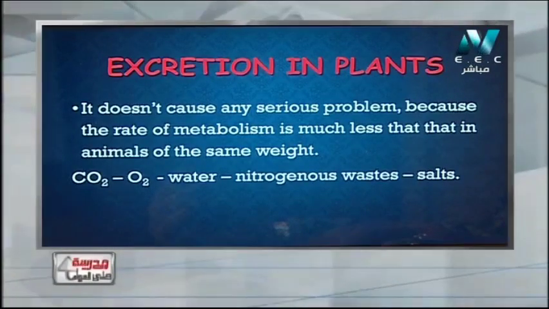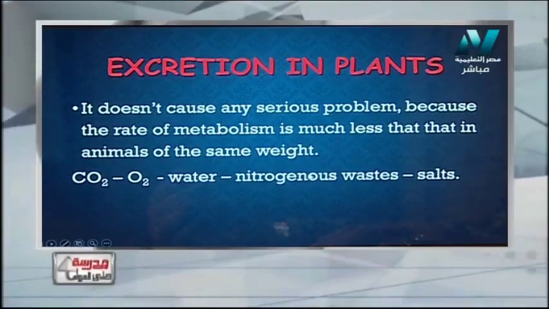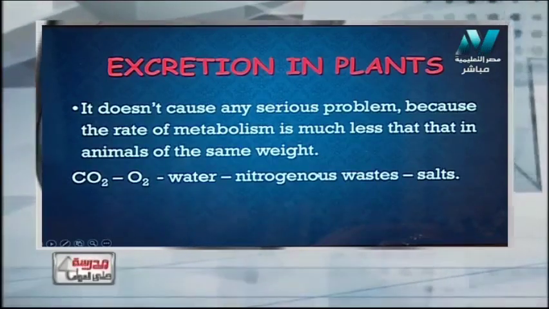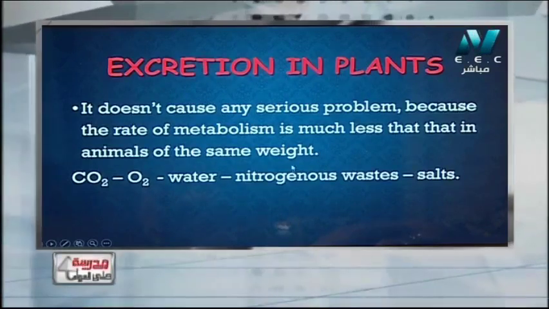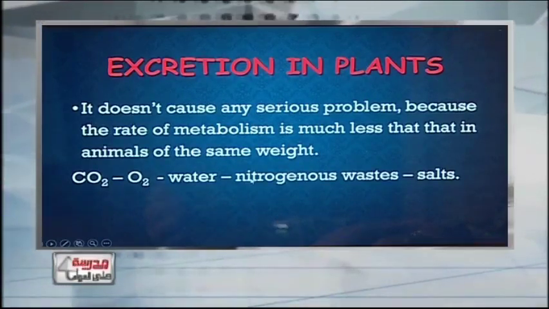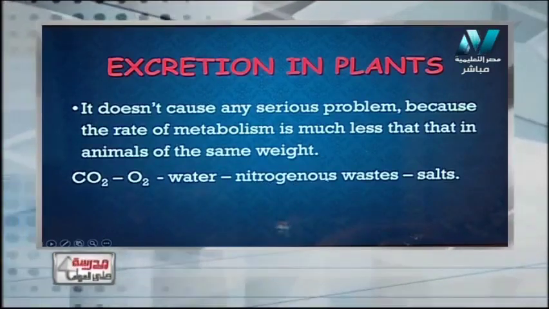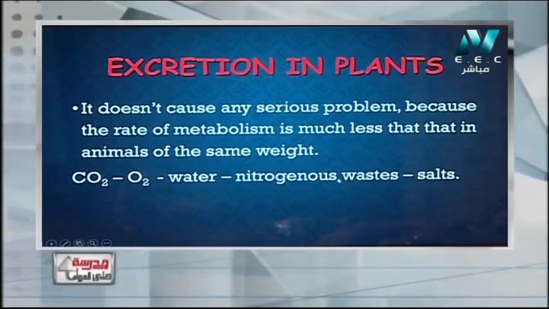So when the plant needs to build up proteins, it reuses the nitrogenous compounds that are produced from breaking down proteins that were found in the plant. So the plant reuses the nitrogenous wastes in forming the proteins.